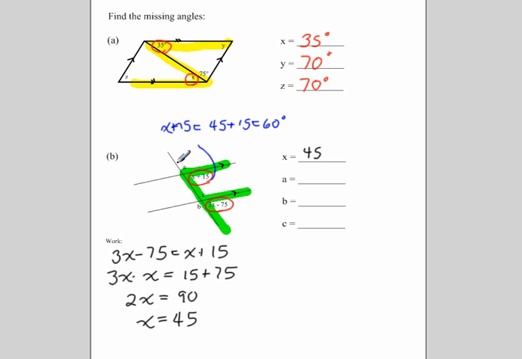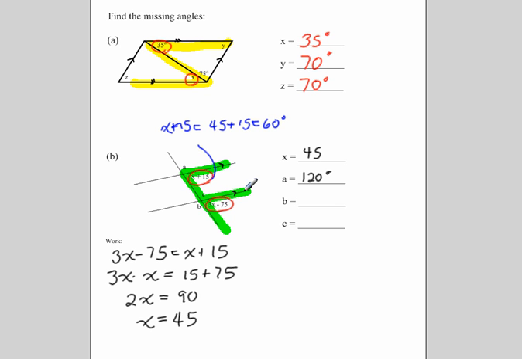For example, I know that A and that angle are supplementary. So I know then that A must be 180 minus 60, which is 120 degrees. I also know that this angle and C are co-interior. Do you see there's a C pattern there?